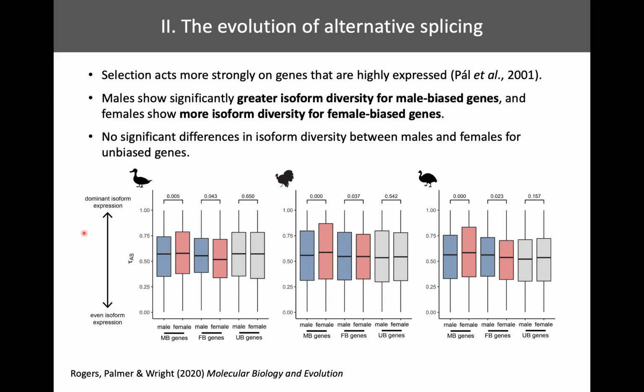We found that in all species, males show significantly greater isoform diversity for male-biased genes, and females show more isoform diversity for female-biased genes. And there were no significant differences in isoform diversity between males and females for unbiased genes, which are in grey. And this is in line with our predictions under sex-specific selection.